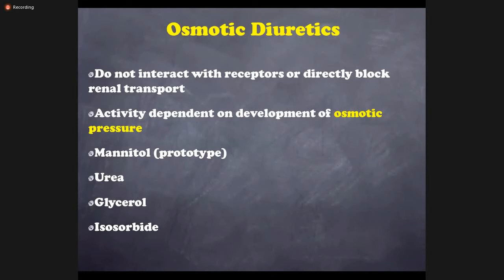Cerebral edema, right? And the second important clinical condition: if due to ingestion of a toxic or poisonous substance, we can use an osmotic diuretic to avoid damage to the kidneys. But the important clinical condition in which we are still using it, or one of the important drug options that we use, is cerebral edema.